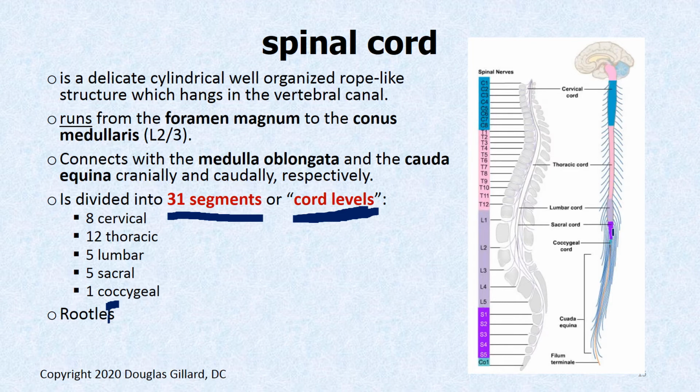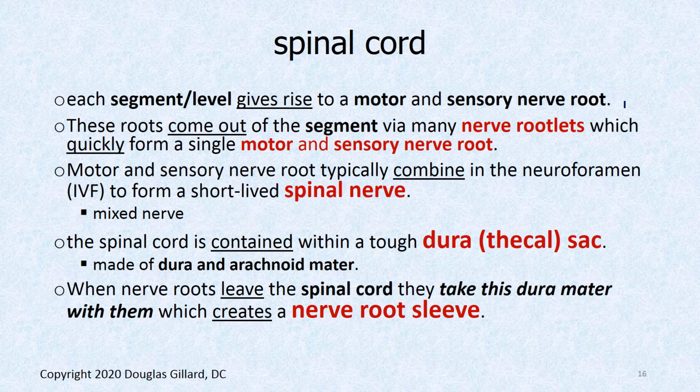The levels of the spinal cord don't match the holes, the neuroforamen, where these nerve roots leave. Up here, they're pretty close. Remember the model we looked at, C5 yesterday, how the spinal cord level is pretty much adjacent to the neuroforamen that allows the nerve to go out.